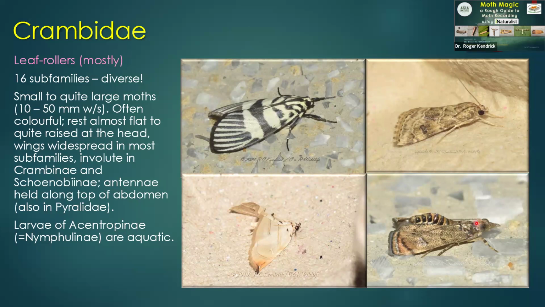Most of the Crambidae are slenderer than the Pyralidae. All have their antennae pretty much back over the abdomen or slightly splayed. You'll see that throughout the photos to follow.